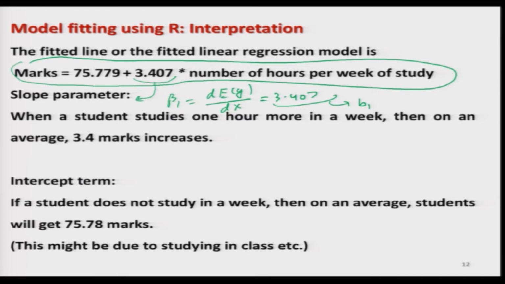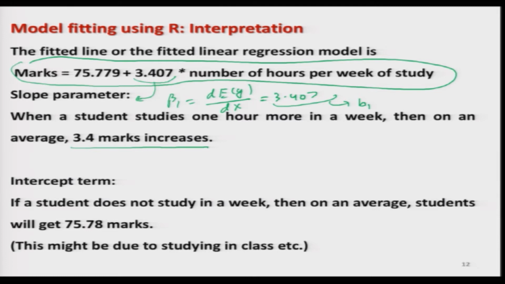So, what are you trying to say? You are trying to say that if a student studies for 1 hour more, then on an average 3.4 marks will increase. Right. This is the meaning.